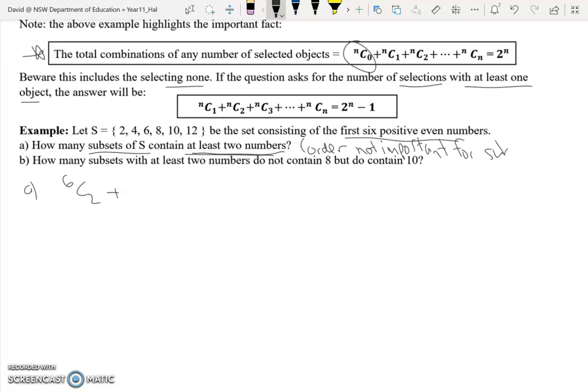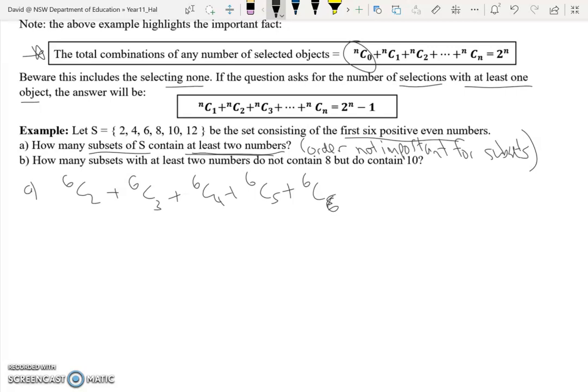So we could do that, we could do 6C2 plus 6C3, all the way up to 6C6. That's not too bad. You can work that out. Or let's try and use this shortcut way. I've got 6 numbers there.